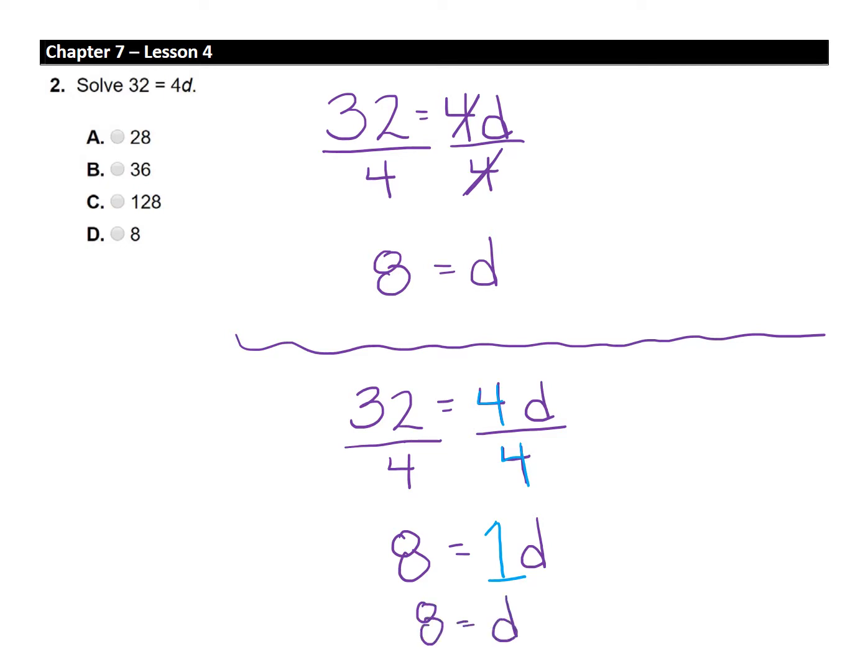Okay, so really what we're doing is we're kind of just eliminating this step here by crossing off these numbers. We're just eliminating that step. We're reducing it in our head to 1, and then we're doing 1 times d equals d. So that's basically what's happening when we cancel each other. When we say canceling out, we really mean we're making it a 1, and then we're multiplying it by the variable.